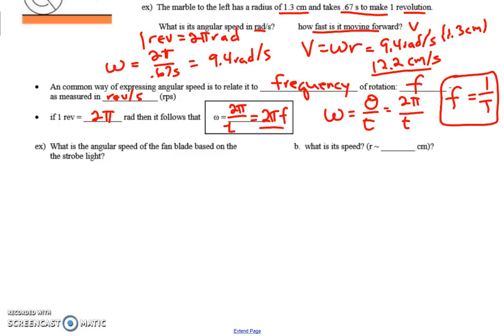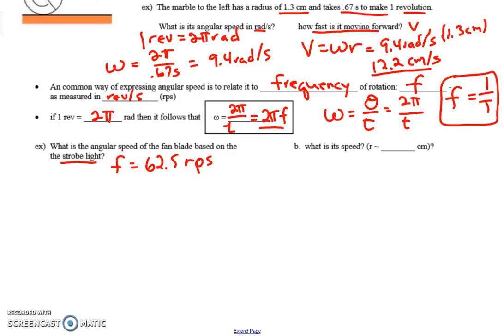We'll play more with that later. Now, I'm going to show you this demonstration tomorrow. But let's say we take a fan, and I'll show you how we can figure out with the strobe light that it is going around and around, and its frequency we determine by strobe light is 62.5 revolutions per second. I want to know what the angular speed is in radians.